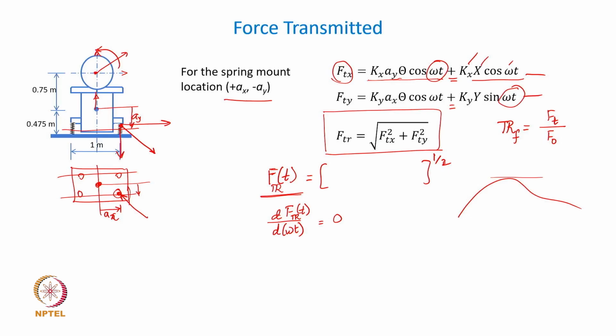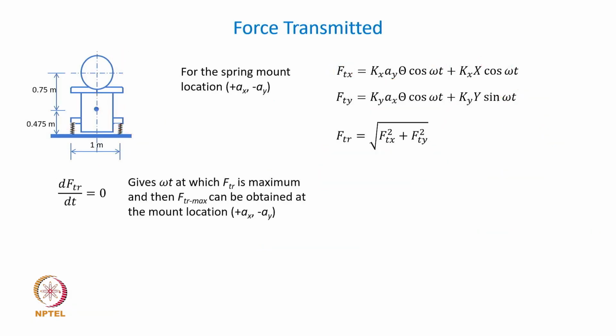And then by solving this equation, I will get the value of omega t for which this expression is valid, and that is what we want. What we want is what is the radial position at which the maximum force is transmitted. Is that clear?